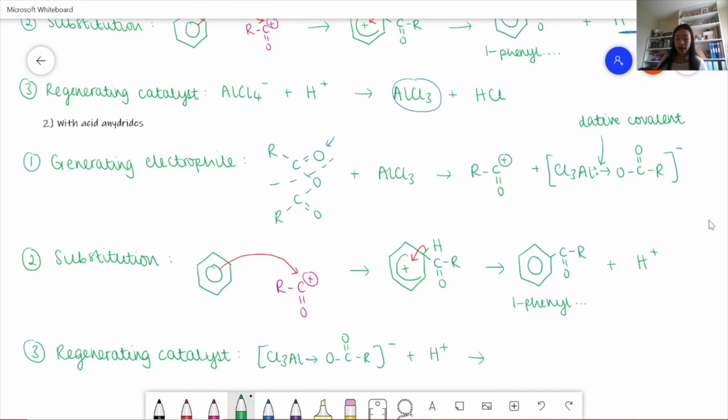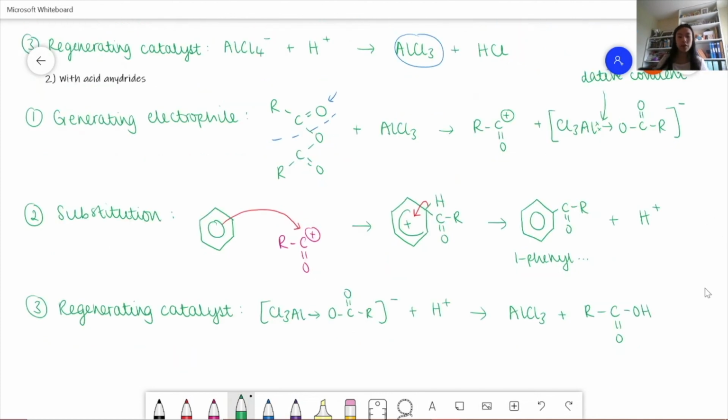And so what we get is AlCl3, which is the catalyst, and also a carboxylic acid. And so this is the catalyst. So when questions ask you to prove why AlCl3 is a catalyst, it's because it's used in the beginning to generate the electrophile and also regenerated at the end.